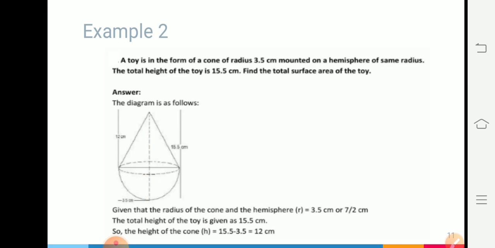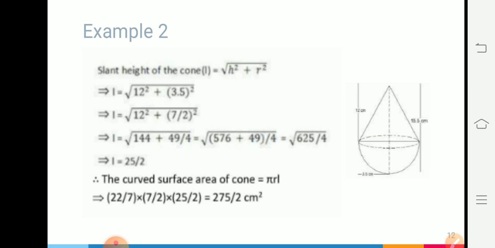So we subtract the radius of this hemisphere, this part of it, which is the radius. We get the height of the cone, which is equal to 15.5 minus 3.5 equals 12 cm. Now we use the formula: slant height of the cone l equals the square root of h² plus r².